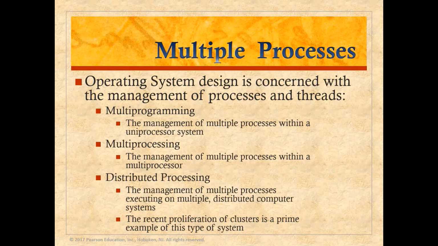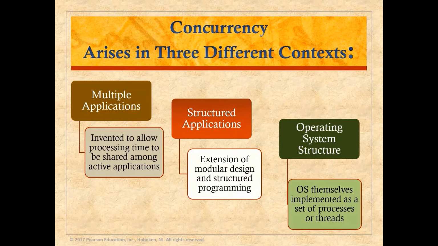Next is distributed processing, which is multiple processes executing on multiple or distributed computer systems. So we have a greater extent of processors. An example of this type of processing is the cluster-based processor.